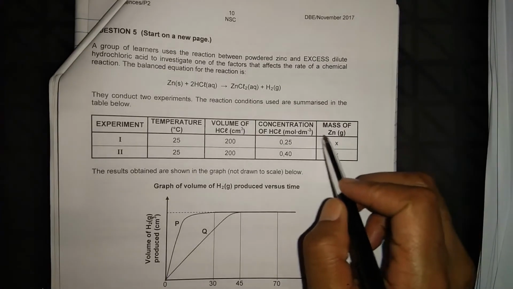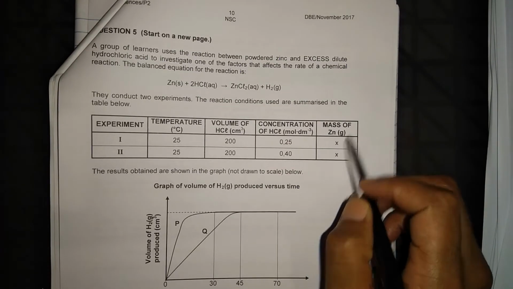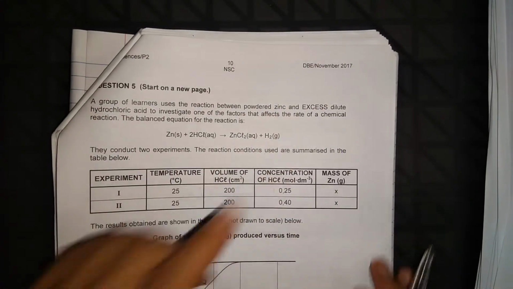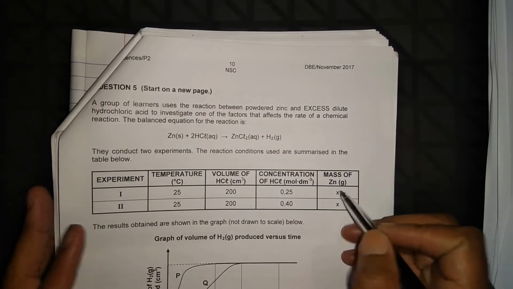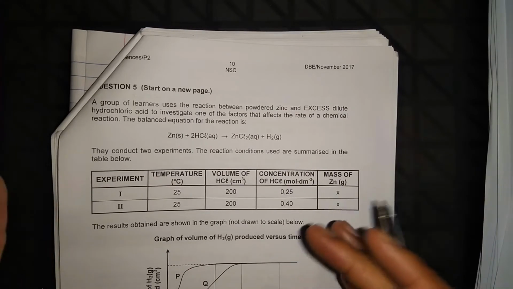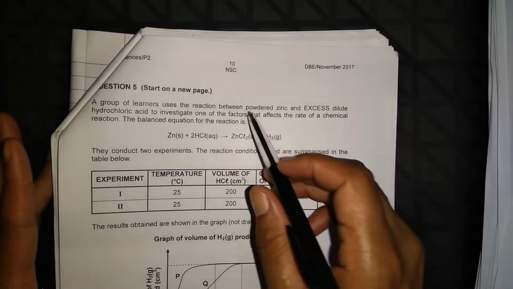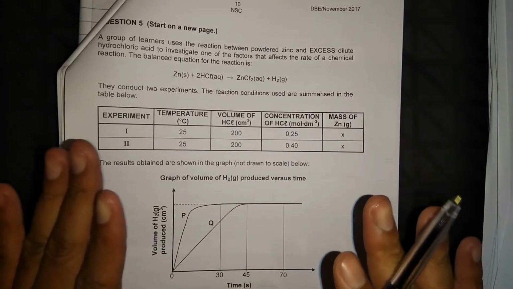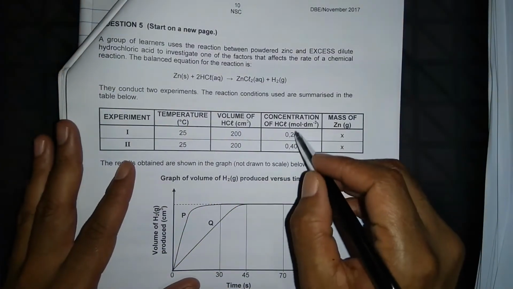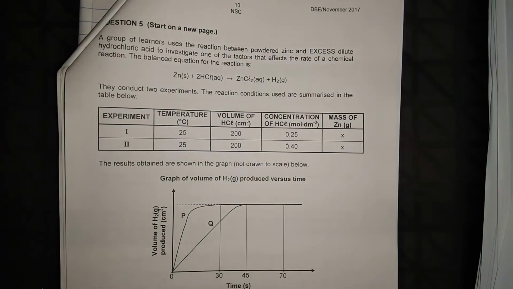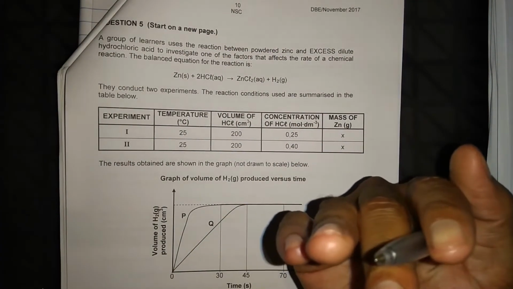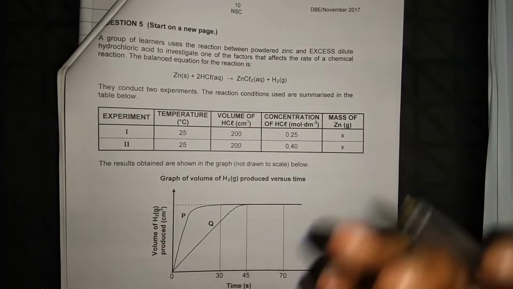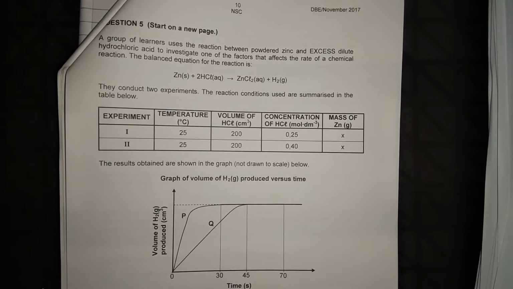They don't state the mass of zinc used, and the zinc used is also powdered, so the state of division for zinc does not change. So the only thing that changes is concentration. We are investigating how the rate of reaction is affected by a change in concentration.